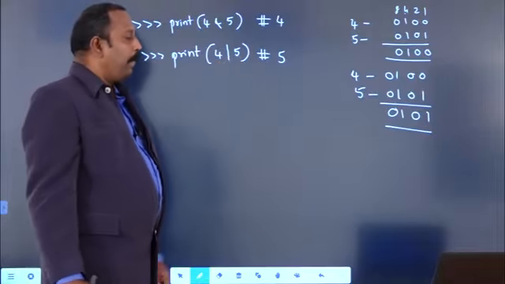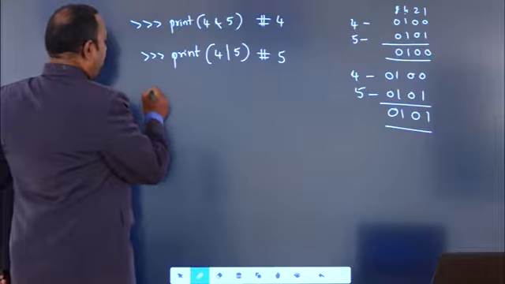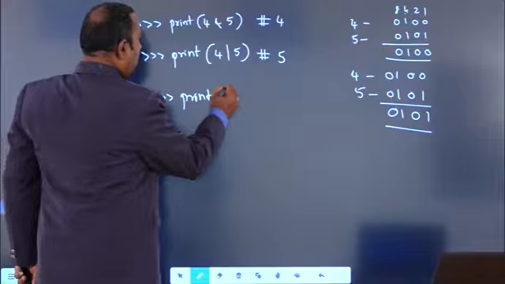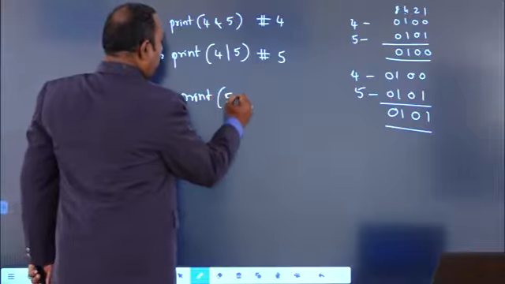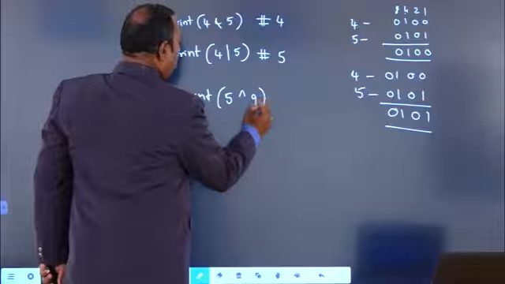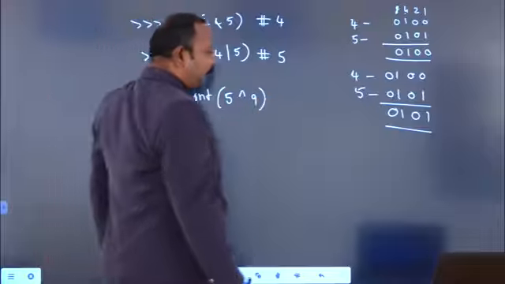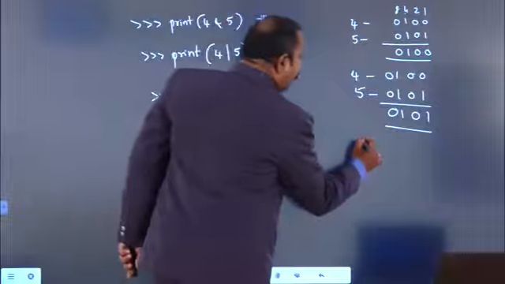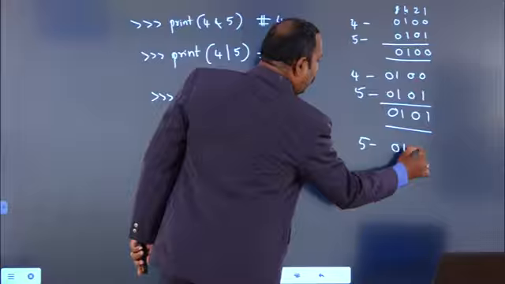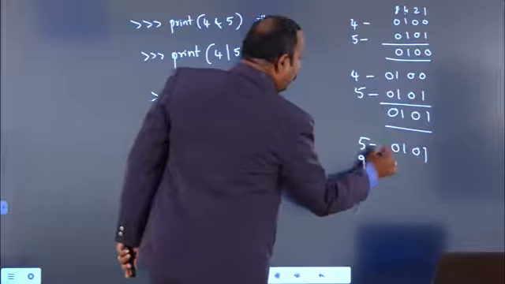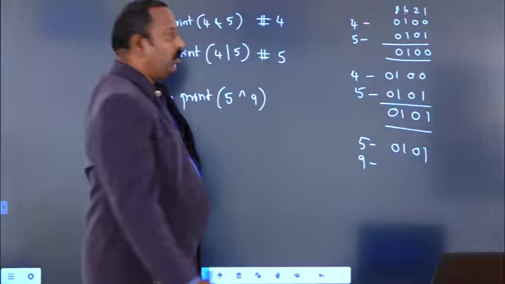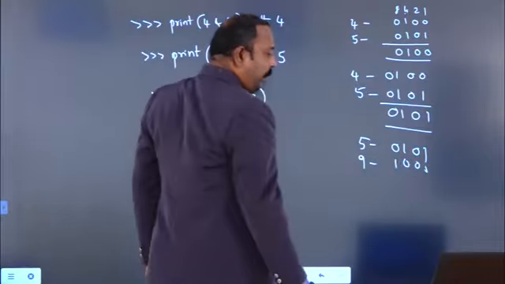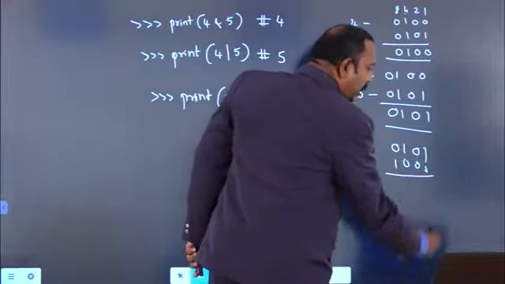The next one is the bitwise XOR operation. For example, print 5 XOR 9. What is the bit representation of 5? 0 1 0 1. Then 9: 8 plus 1 is 9, so in the 8 position 1 and in the 1 position 1, and the remaining are all 0. When coming to XOR, what is the rule?